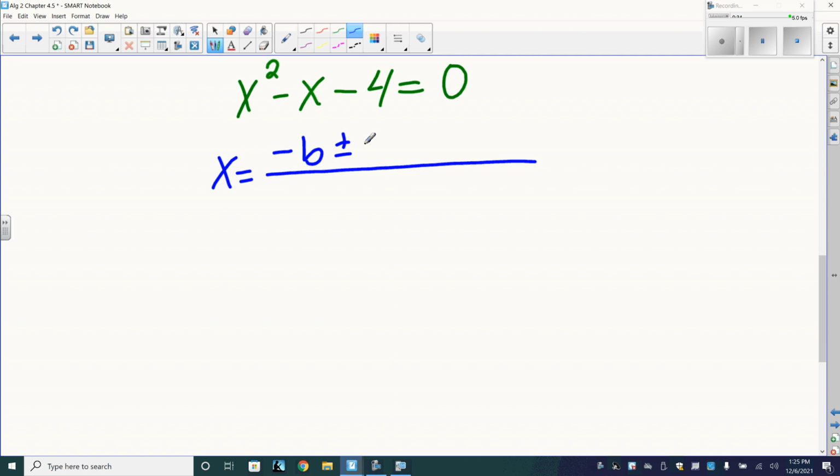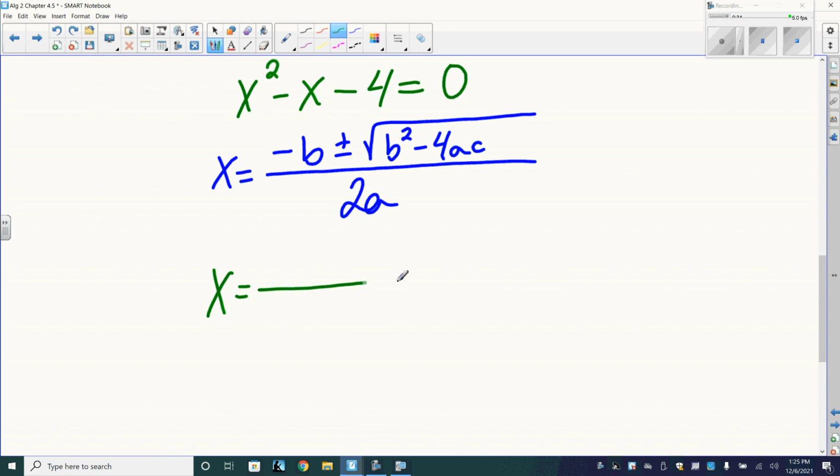Negative b plus or minus the square root of b squared minus 4ac all over 2a. Now looking at this here, the value of b would be what? Negative 1.